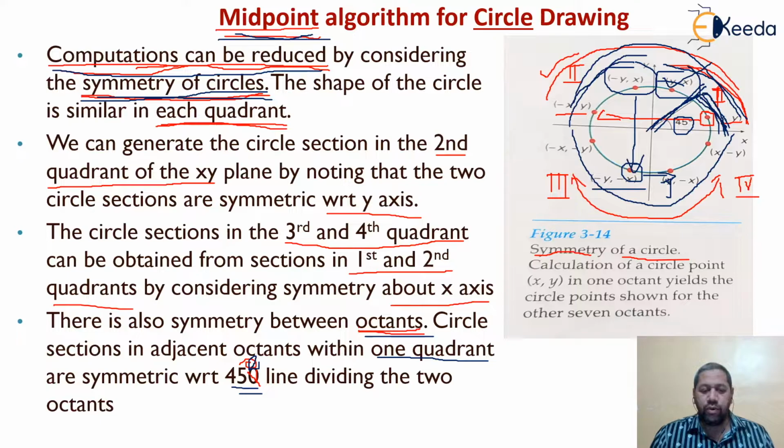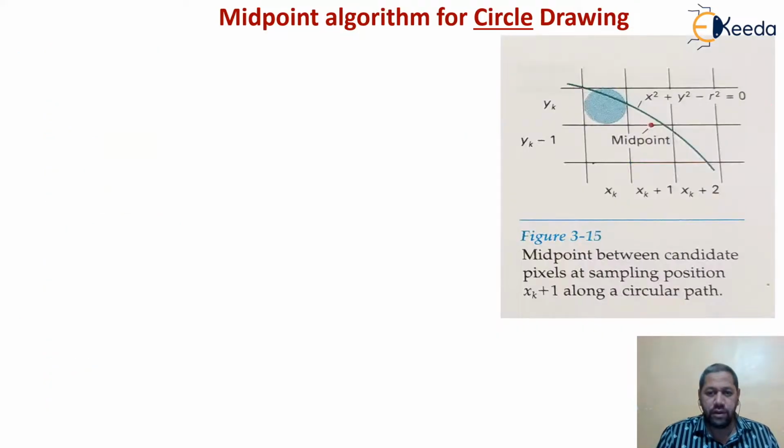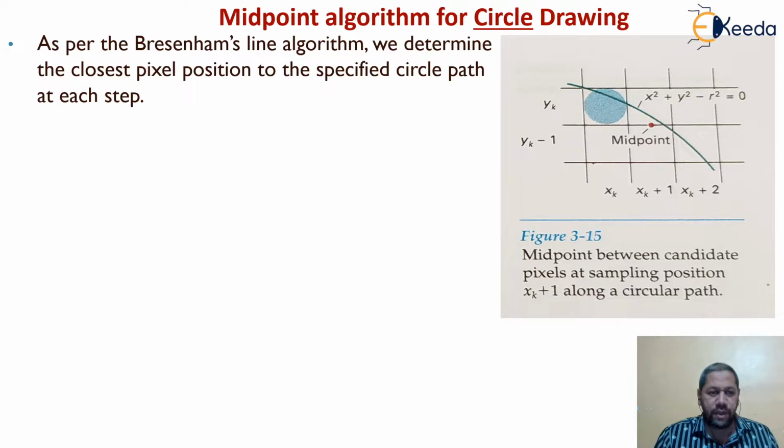With this understanding, now we can move to the next point. We continue our discussion of the midpoint circle generation algorithm. As per Bresenham's line drawing algorithm, we determine the closest pixel position to the specified circle path at each step.